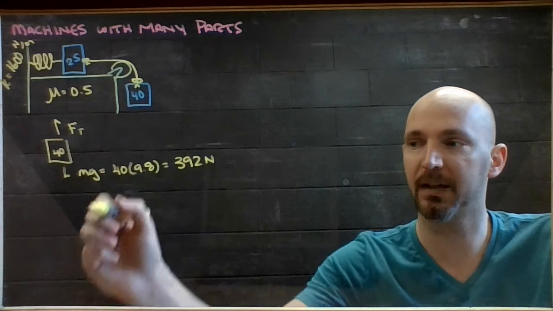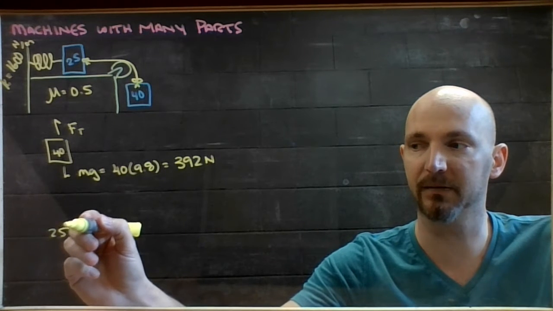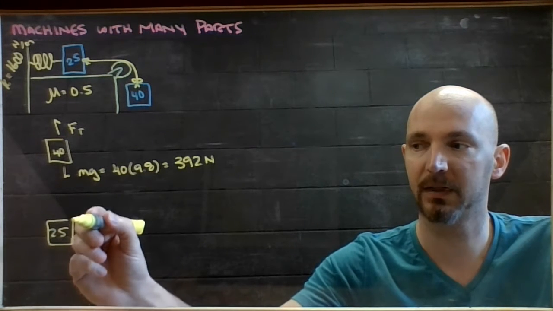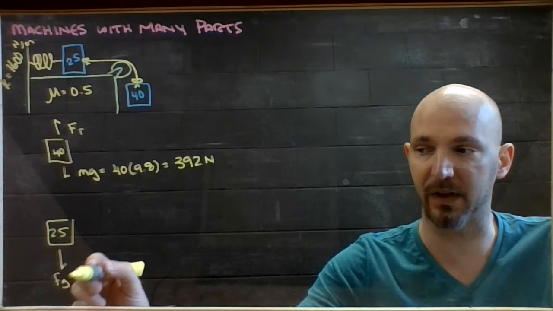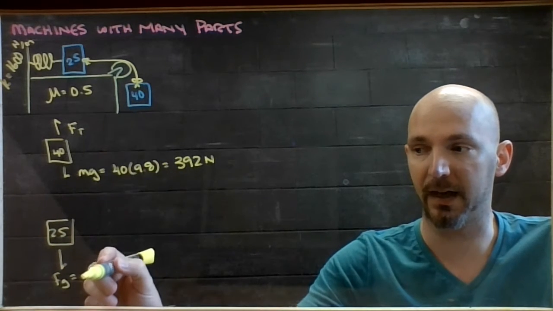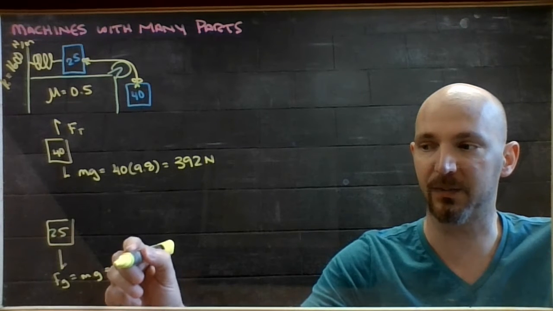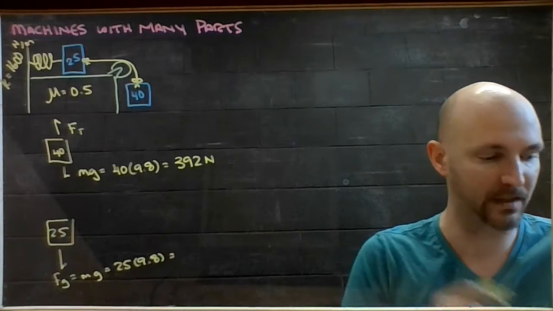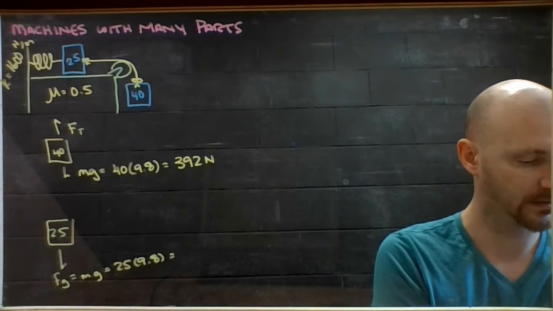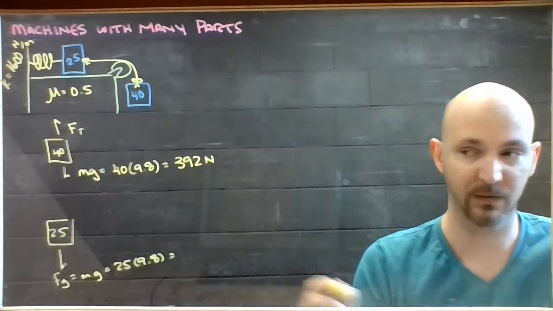Then I have a 25 kilogram block here. Now it has mass, so it will also have a force of gravity, mg, which is 25 times 9.8, which gives me 245.